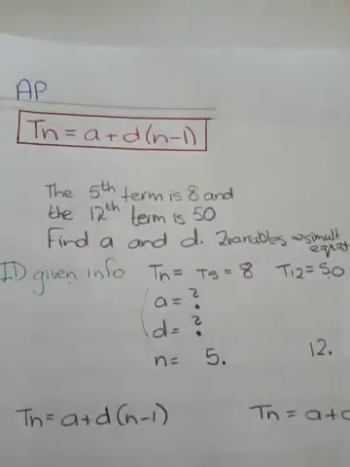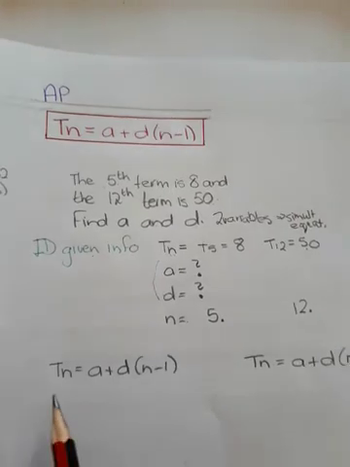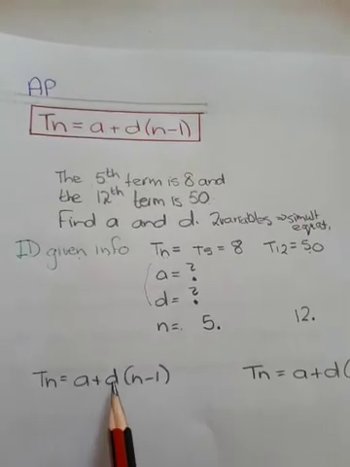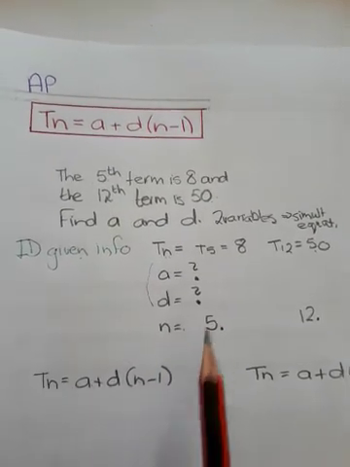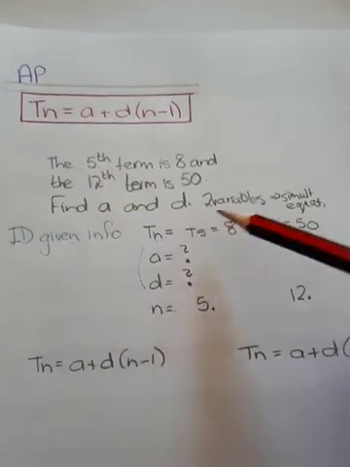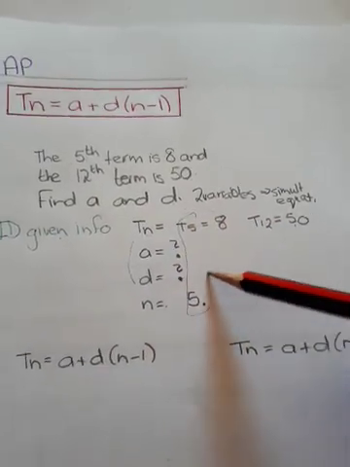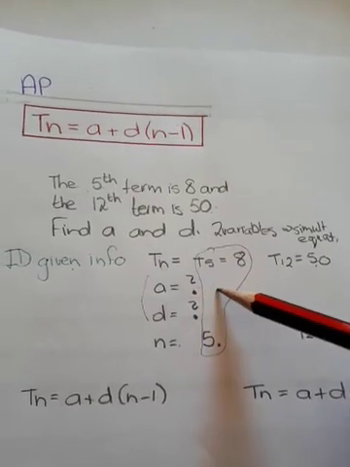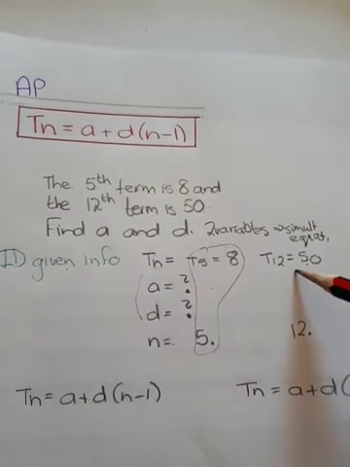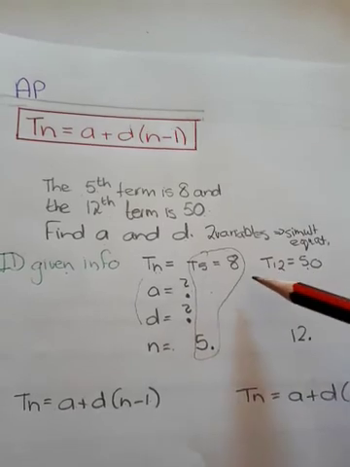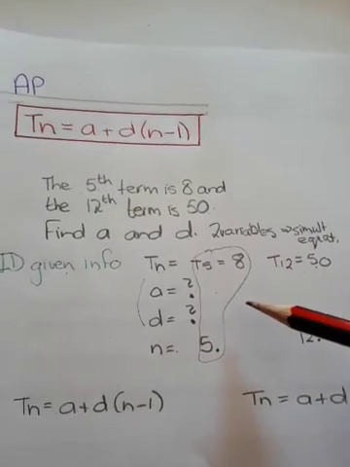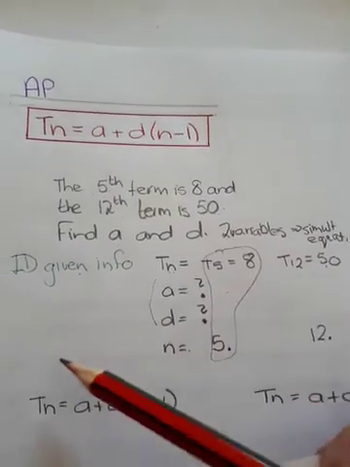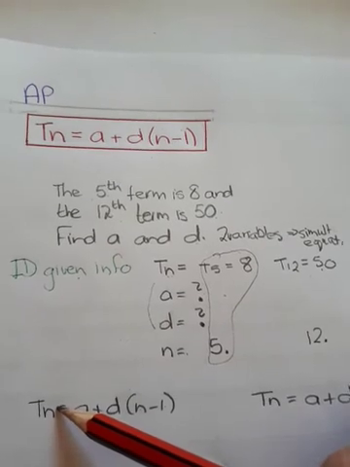Now let's start once again with our formula. Tn equals A plus D times n minus 1. If we now look, term 5 is on the 5th position. This will give me one equation. I cannot mix term 12 and term 5 into one equation. We don't have such an equation, so we have only got an equation for one term.